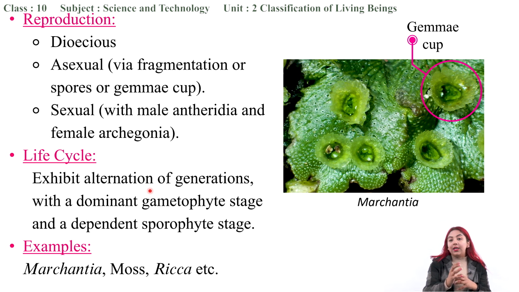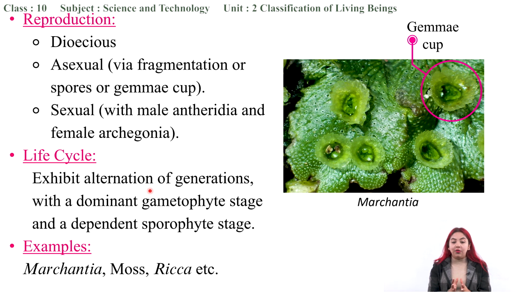If there is an alternation between the haploid form and the diploid form, then that organism is considered to have alternation of generation.